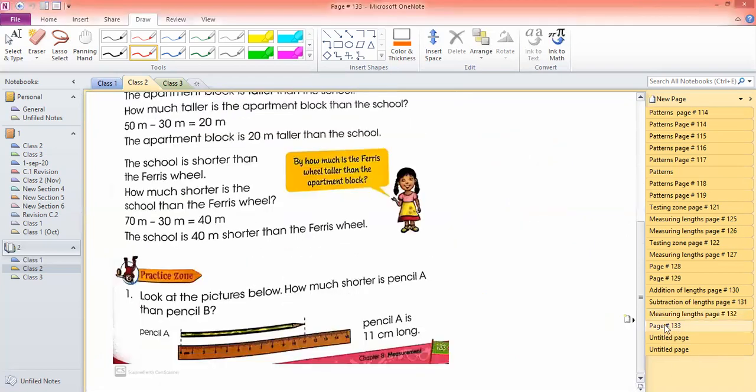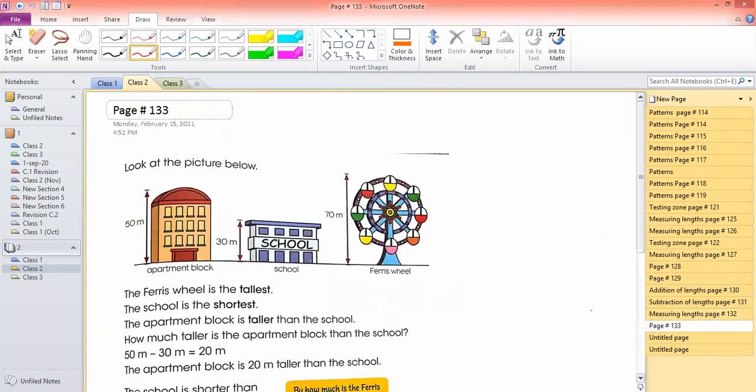Let's move to the next page, which is page number 133. Guys, here you also have to compare the length of some objects on page number 133. Please open your book, page number 133. Now you can compare the different objects.